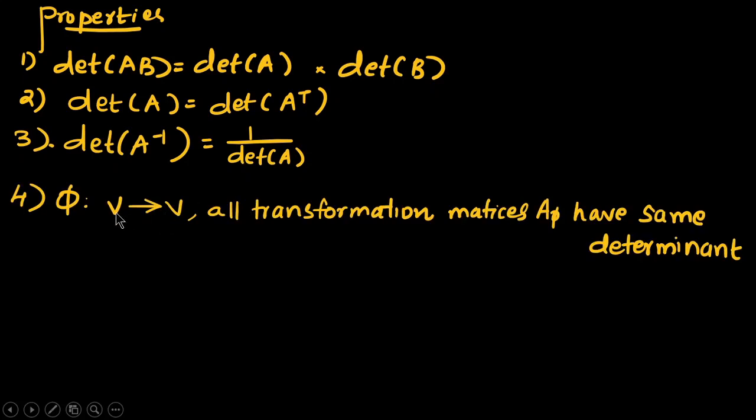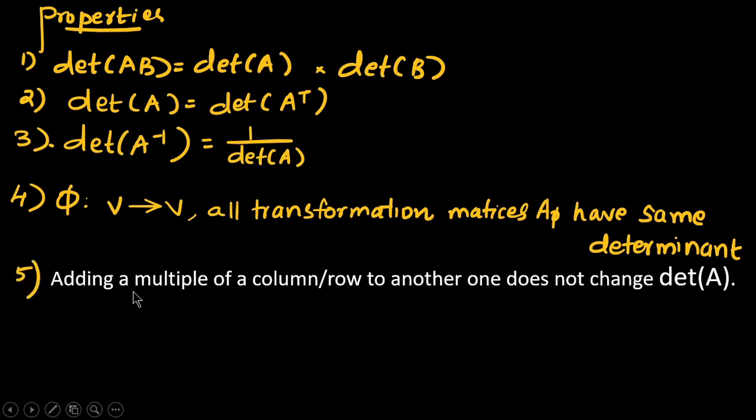Then for phi from V to V, all transformation matrices A phi have the same determinant. Okay, so if we have a mapping function from one vector space to itself, all the transformation matrices will have the same determinant. That's a property we can make use of in machine learning. Then fifth one, adding a multiple of a column or row to another one does not change the determinant.